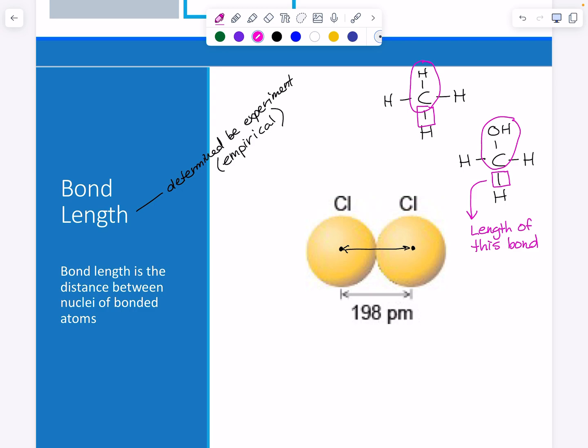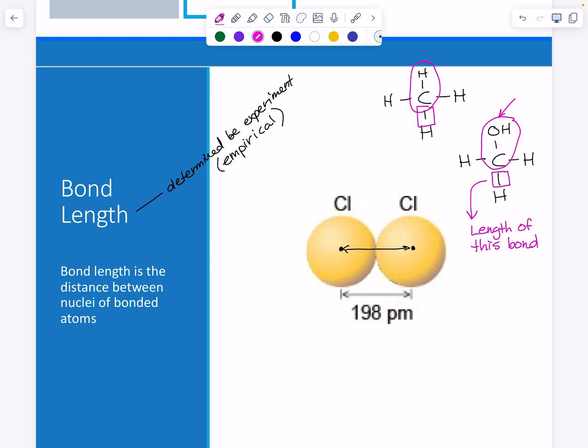Both of them are a bond between carbon and hydrogen, but you have to think of them in terms of the context. The context for this molecule over here is that there's an oxygen, and an oxygen has a greater affinity for electrons than carbon does.